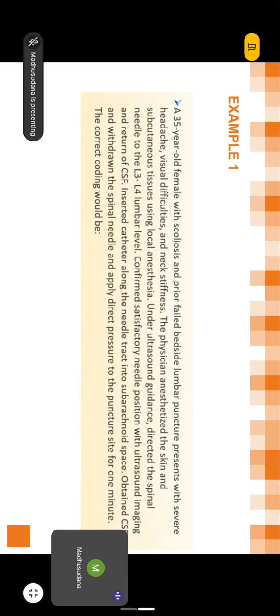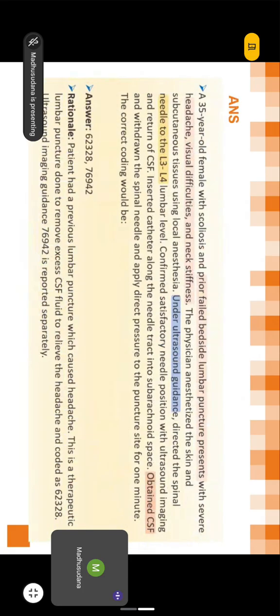Why? Because it is ultrasound guidance, right? To detect the spinal imaging, so ultrasound guidance also we have to code separately. And 62328. Why? Because it is therapeutic.